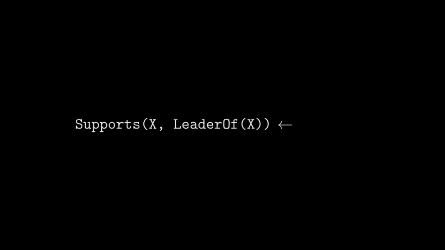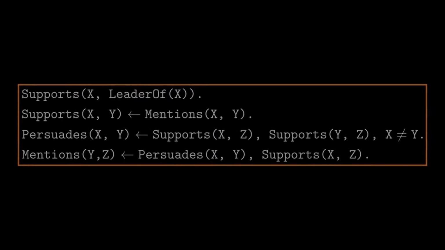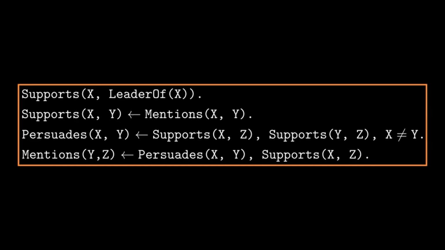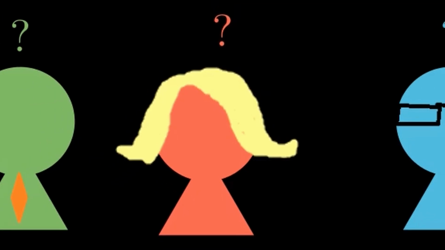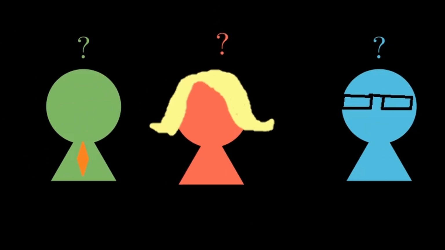A rule without a body is an axiom, that is, it fires automatically and its head is always obtained. Together, a collection of rules and facts is called a program, though we will abuse the terminology slightly to refer only to a collection of rules in this case. Crucially, rules don't tell us anything about the meaning of things like supports or leader of. Of course, to us as humans, these words naturally bring up certain associations, and this is much the framing of our little social setting.